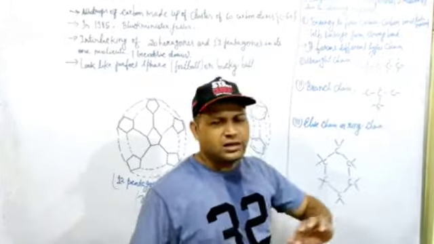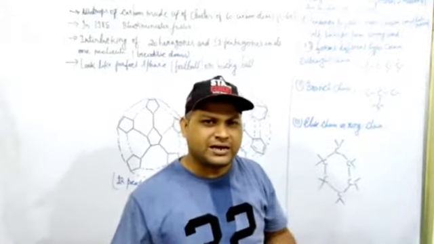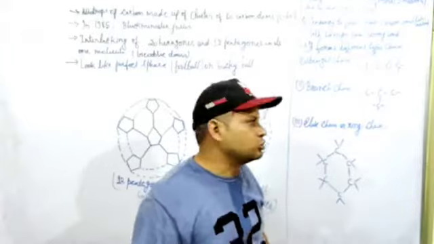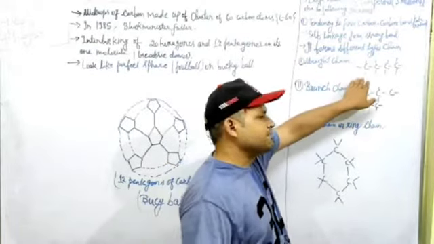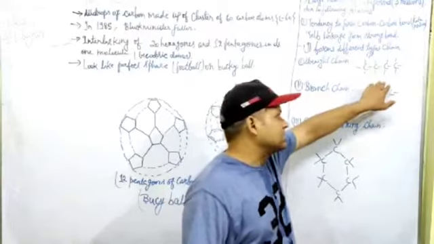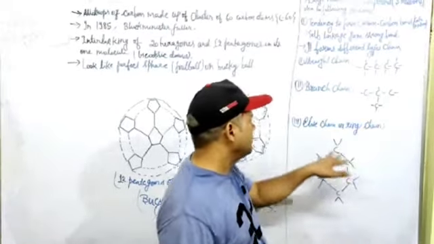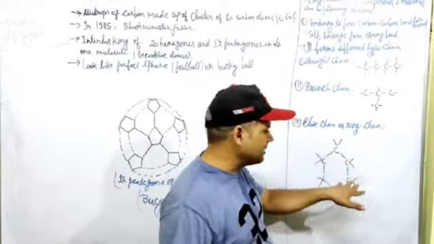In this way, it makes a straight chain, branched chain or closed chain. Example of a straight chain is this type. Example of a branched chain is this type. And example of a closed chain is this type.